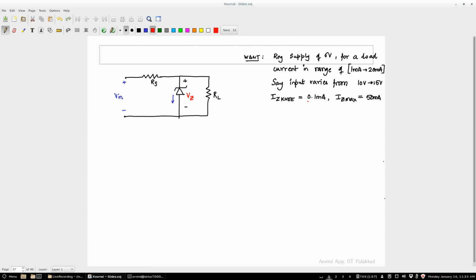Okay, so that IZ knee is equal to 0.1 milliamps and your IZ max, say, is 50 milliamps. So the values of IZ knee and IZ max at 6 volts basically set the Zener diode. So you have been told to use this Zener diode, and now you have to design. What you have is the choice of RS. Okay. So how would you go about this design?